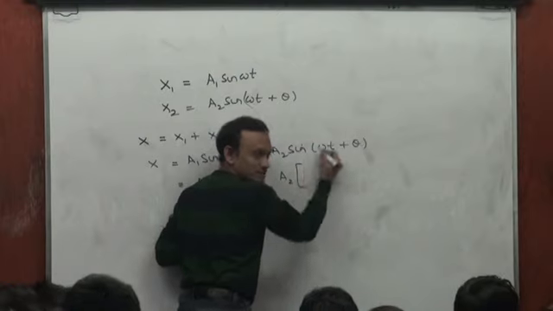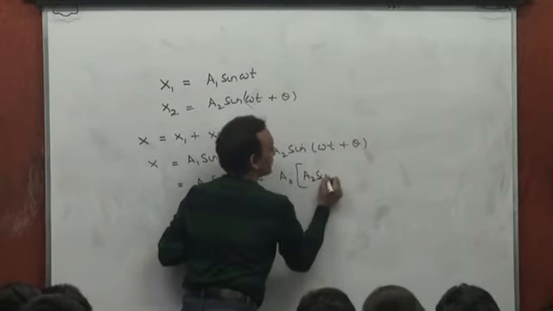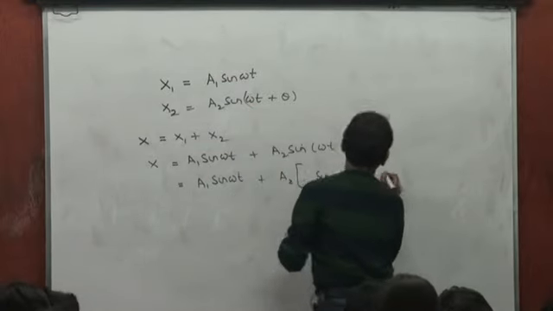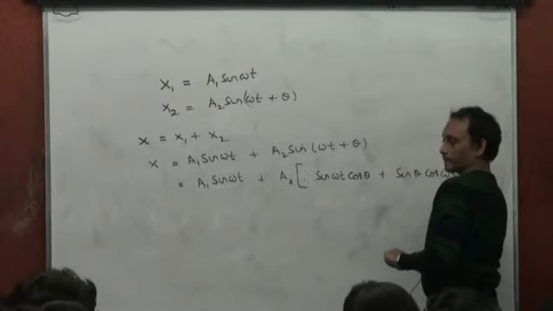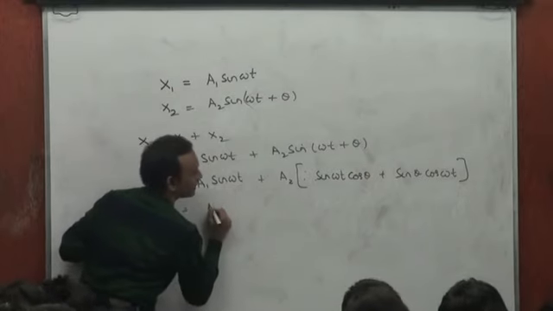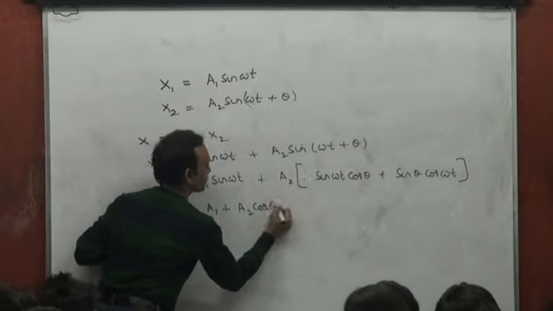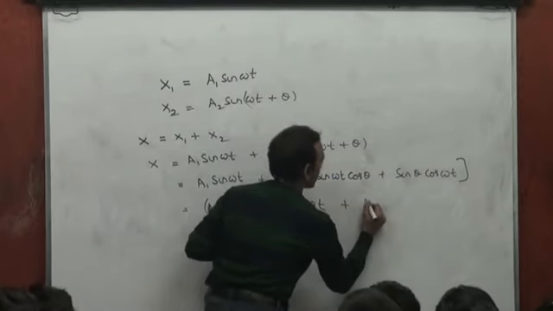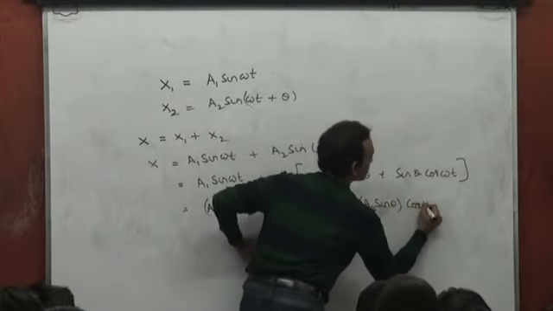I could expand this, sine a cos b plus sine b cos a, a2 sine omega t cos theta plus sine theta cos omega t, right? Which could be written as a1 plus a2 cos theta into sine omega t plus a2 sine theta into cos omega t.